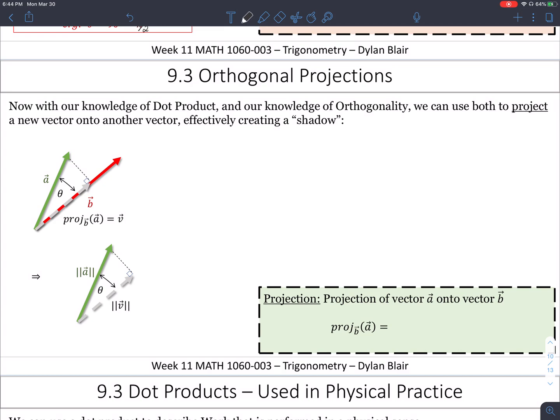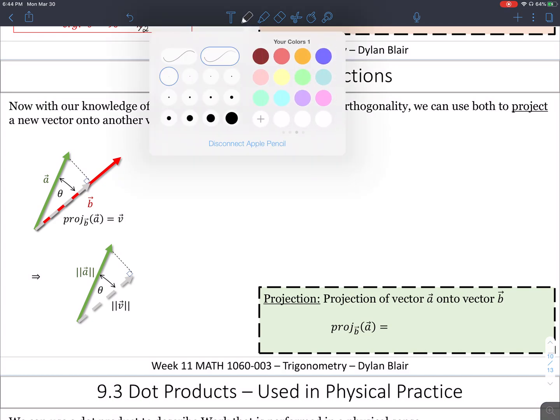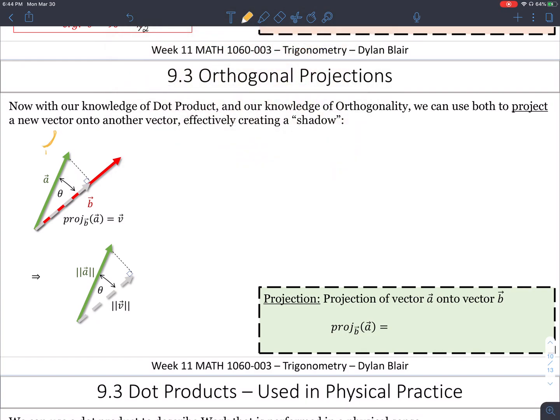We can think of this as like a shadow, like maybe a sun up here, and how the sun would basically cast a shadow of vector A onto vector B. Okay, and what that means is that we are going to create this orthogonal projection onto vector B to create this new vector right here. Okay, and how we read this is we say that this is the projection of vector A onto vector B. Okay, so it points in the direction of vector B.